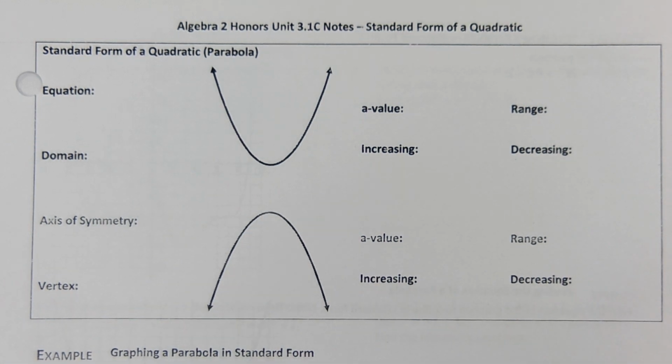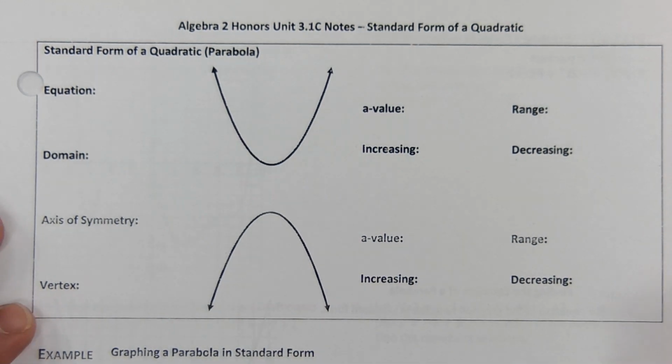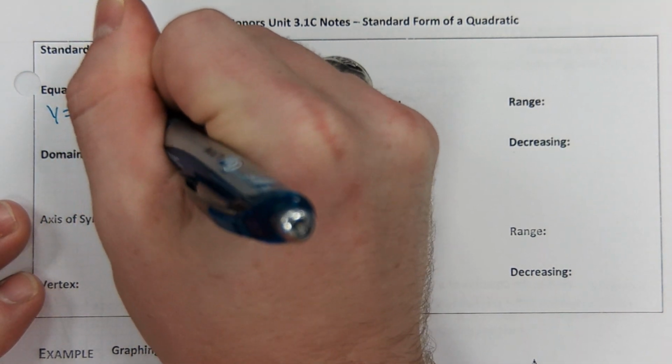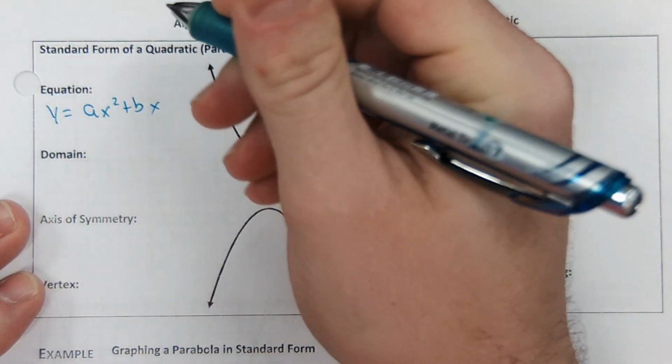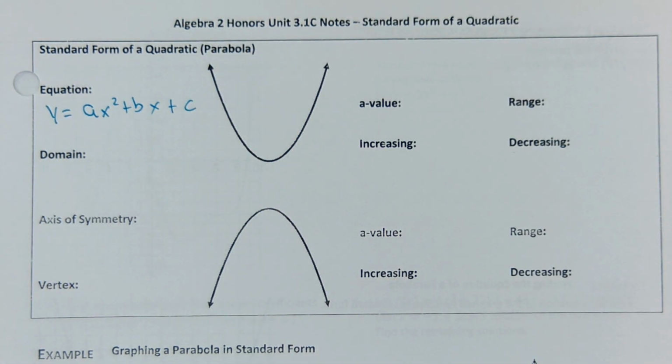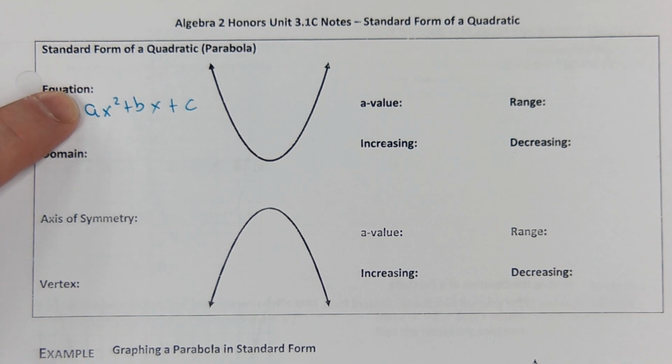The equation of a parabola written in standard form is f of x or y equals ax squared plus bx plus c, where a, b, and c are real numbers. So just like we've talked about in our previous two lessons on graphing, the quadratic being up smiley or down frowny is determined by the number on the front.